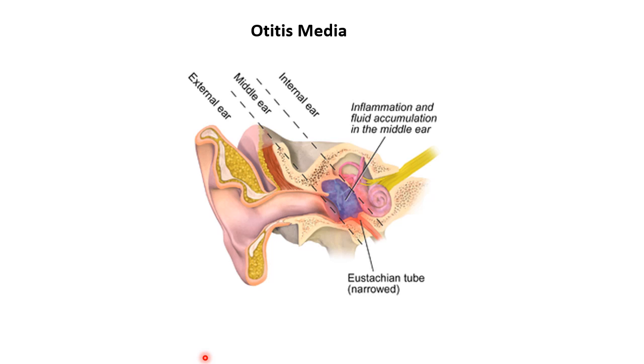Now, infections of the middle ear are known as otitis media, and they usually take place secondary to respiratory infections. The infection travels via the eustachian tube to enter into the middle ear. So the ascending infections of the respiratory tract enter into the middle ear cavity.